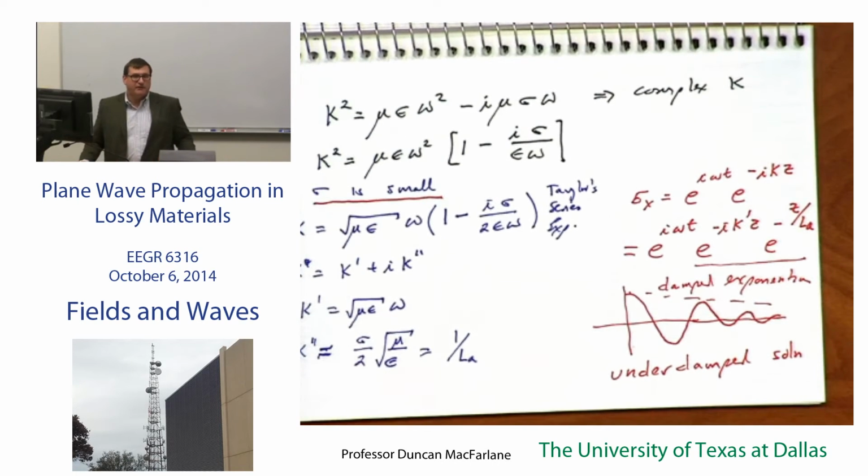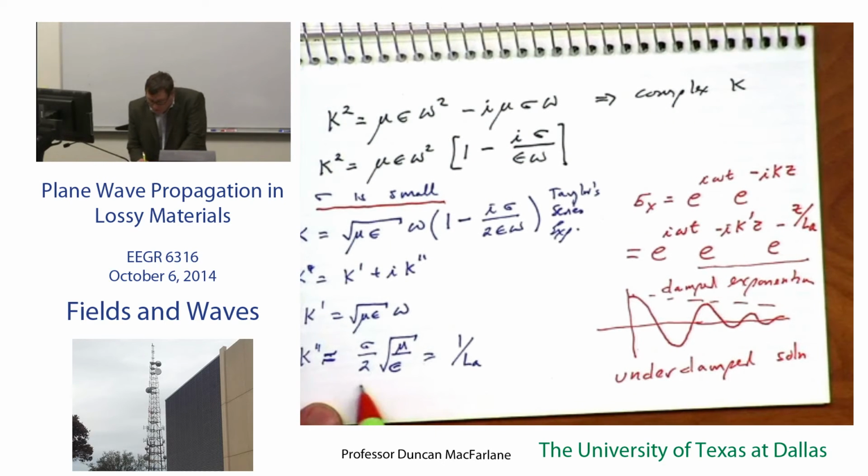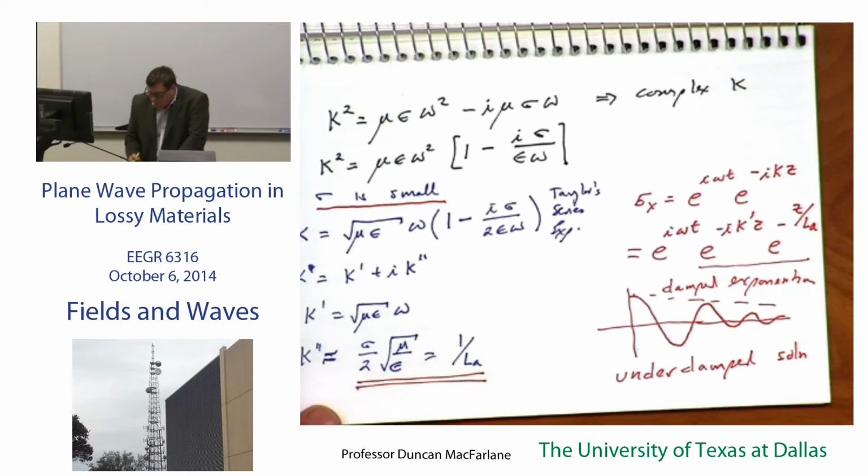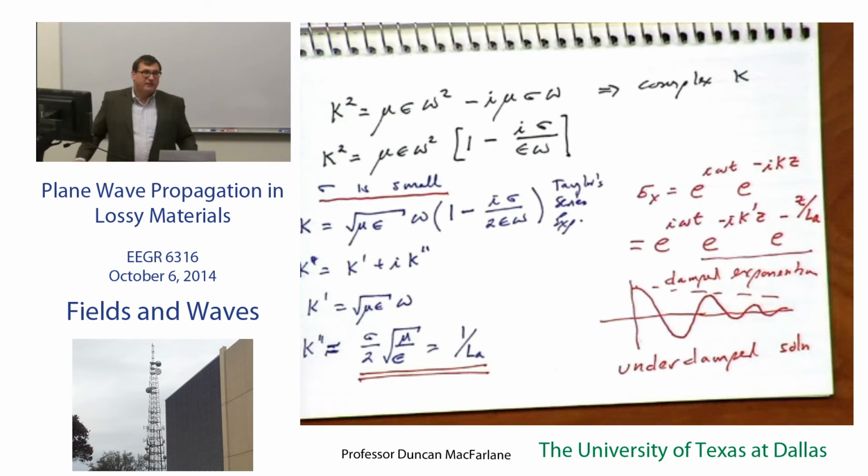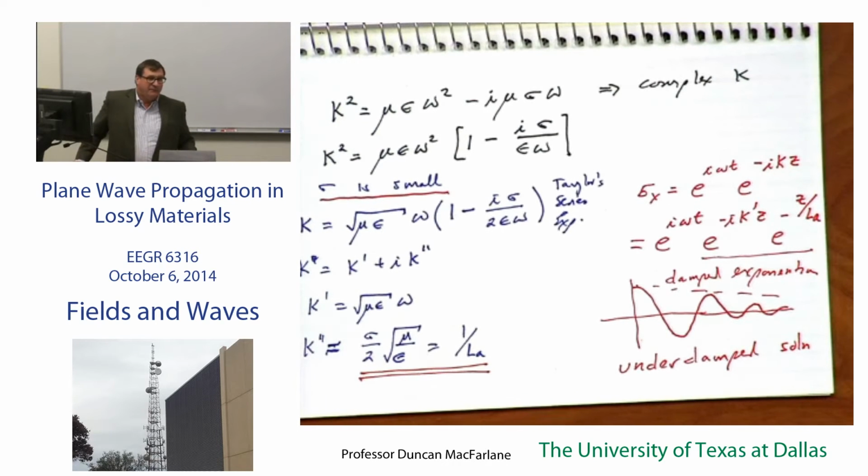Slowly damped exponential. And now we can interpret what I mean by this. L_A, which I call the absorption length, gives you the 1 over e point of the decay of the field.